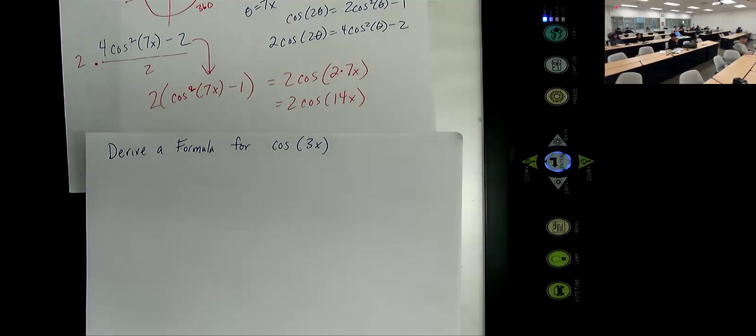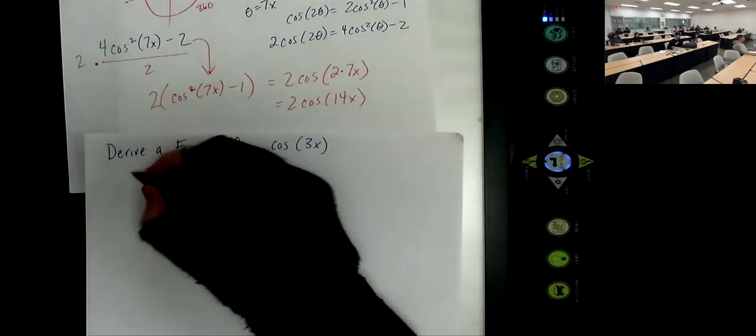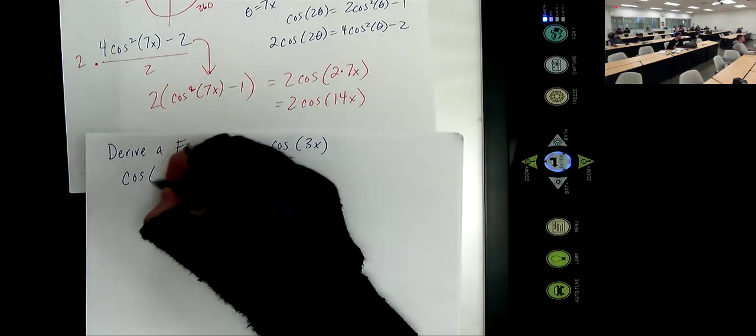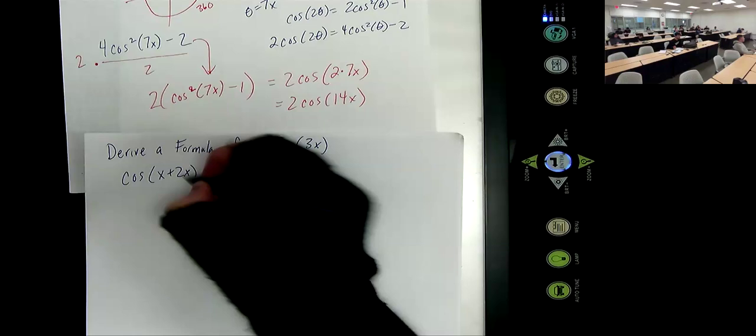Any ideas? What we learned this chapter, not just the double angles, but, can I break 3x up into something I can use? x and 2x. Right?